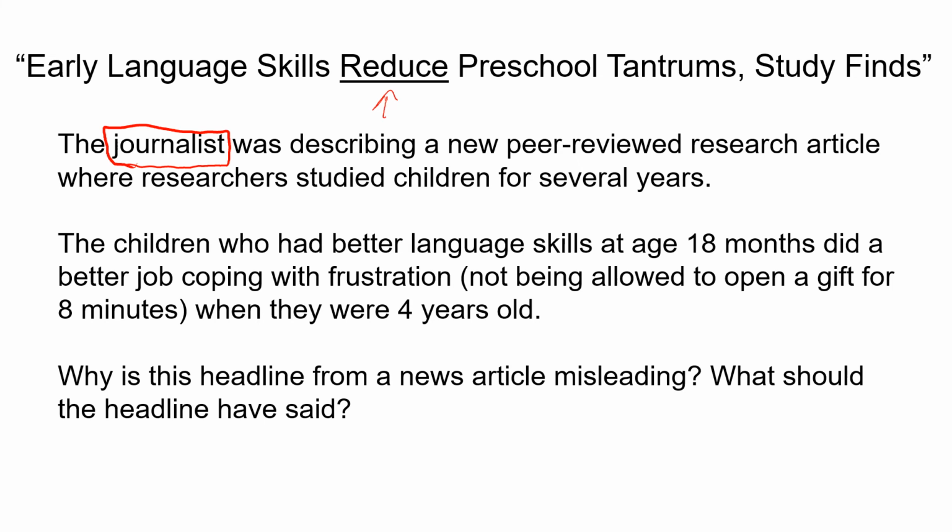It looks like they just measured language skills at 18 months and then measured frustration at 4 years old, and temporal precedence is there. 18 months is before 4 years old, but there was no manipulation. Because there was no manipulation, the article is misleading. There's no cause. You cannot make a causal claim.